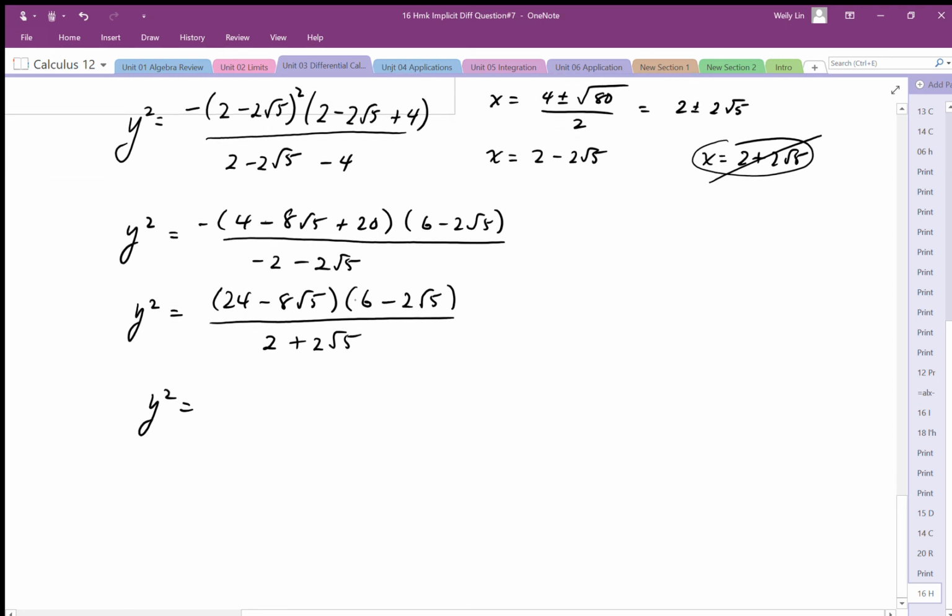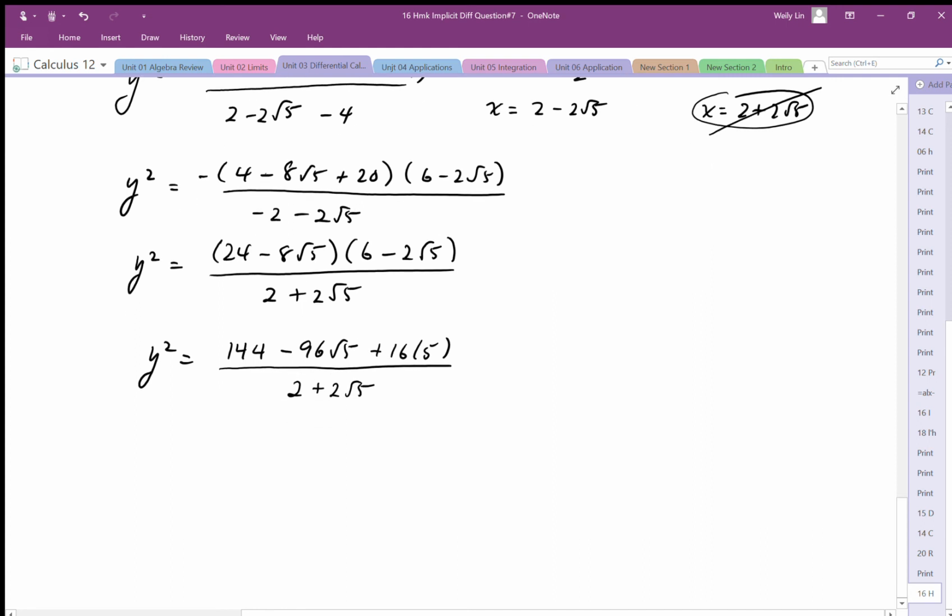Okay, expanding this out, 6 times 24 is going to give us 144. Negative 48, so it's going to be minus 96 root 5, and then plus 16 times 5, which is going to be 80. And that's all over 2 plus 2 root 5.